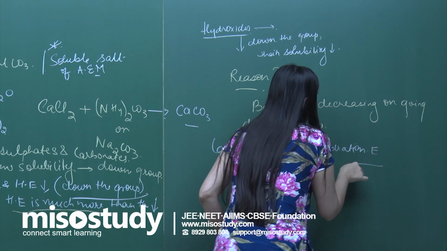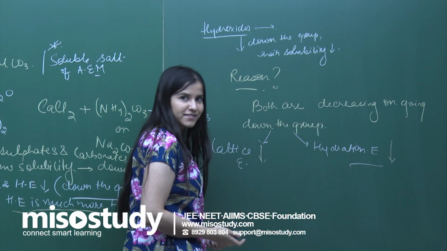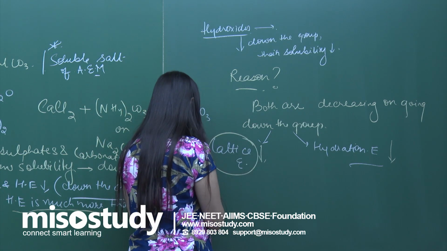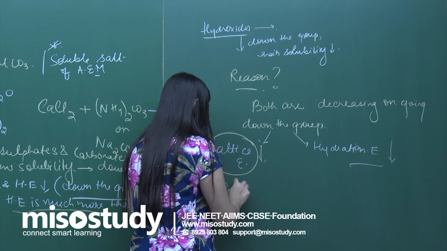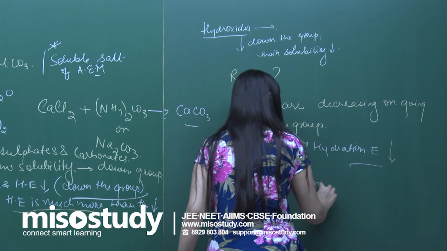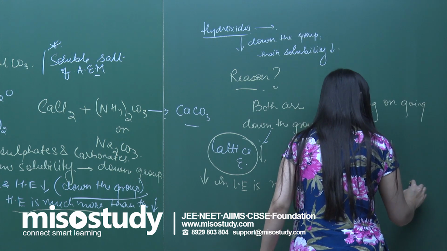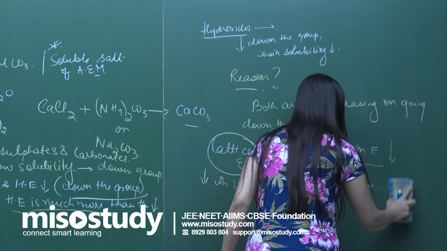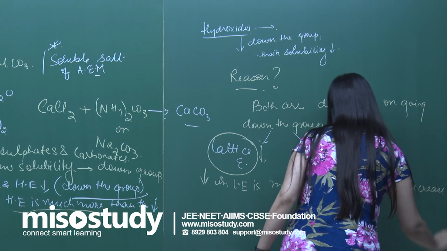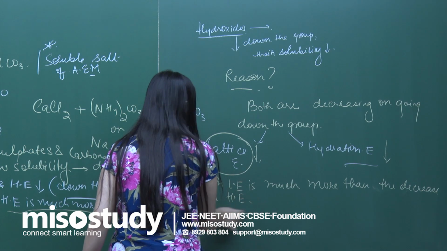Fine. But the thing is, both are decreasing, this is also decreasing, this is also decreasing. But it's the other way around, as I told you, it's just the opposite. So the decrease in the lattice enthalpy is much more than the decrease in hydration enthalpy, right?